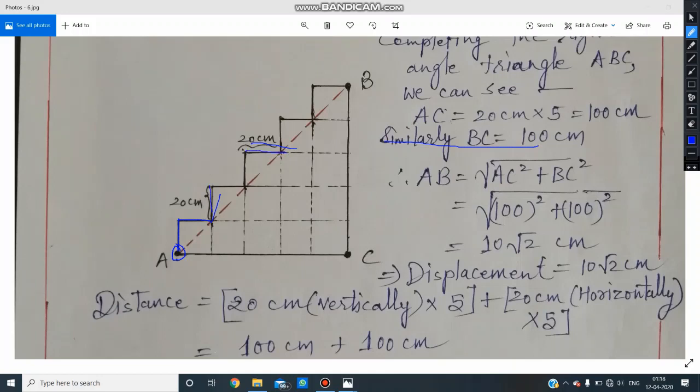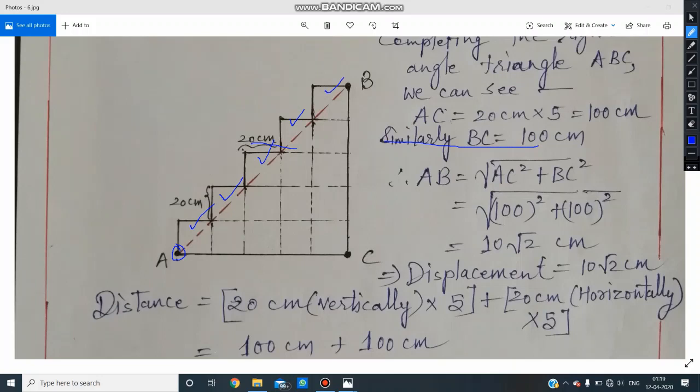So in that way, say the ant is starting from A. So it will be covering the first staircase, the second staircase, the third staircase, the fourth staircase, and finally it will be on the fifth staircase.